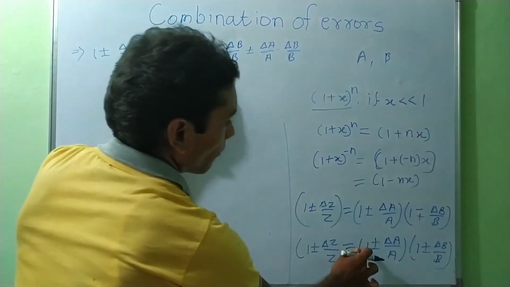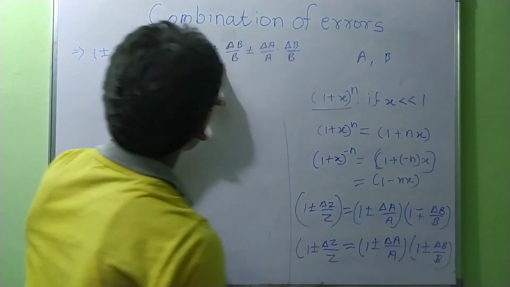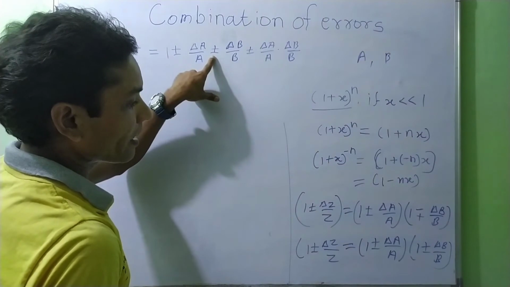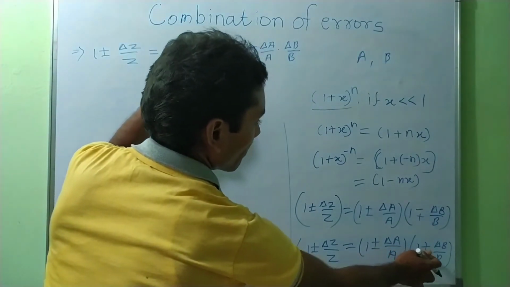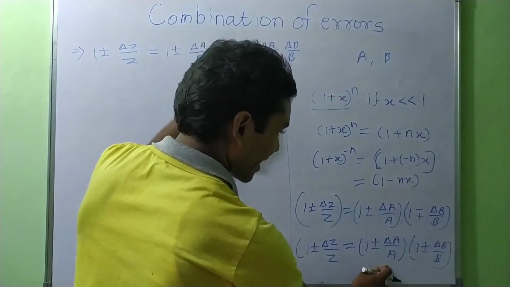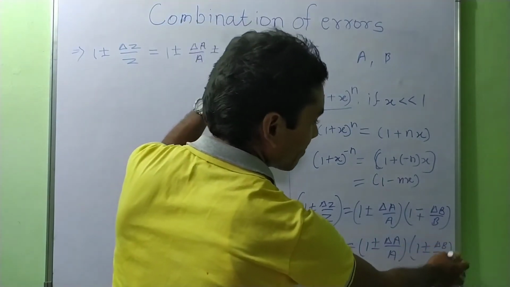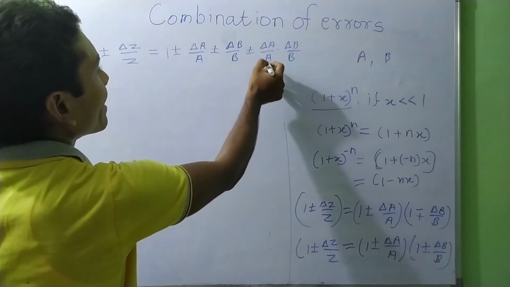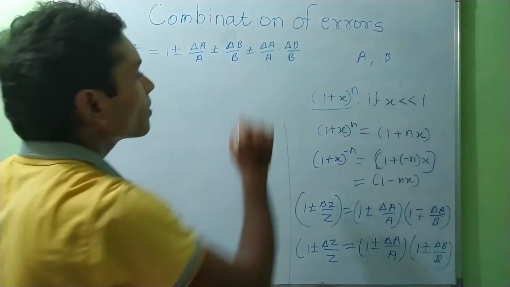Now 1 into Δb/b equals Δb/b, plus minus here because there is plus minus. Now ±Δa/a into ±Δb/b will be Δa/a into Δb/b.